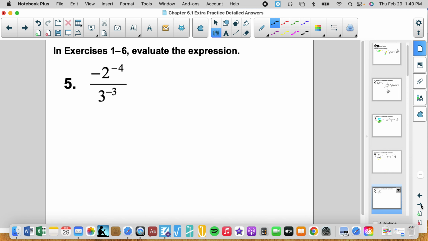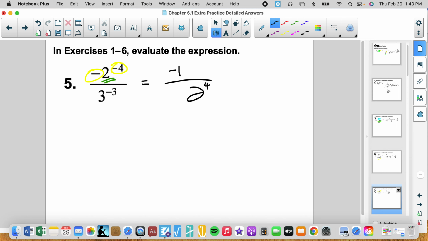Same thing, this exponent and its base will move. This negative, the negative outside is not going to move. That stays up in the numerator. And that 2 to the -4 is going to move down.